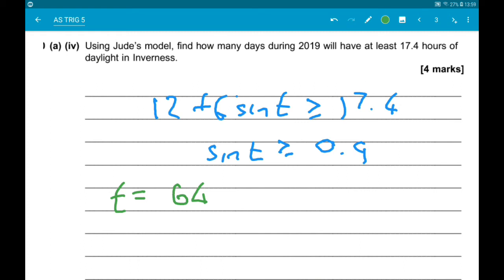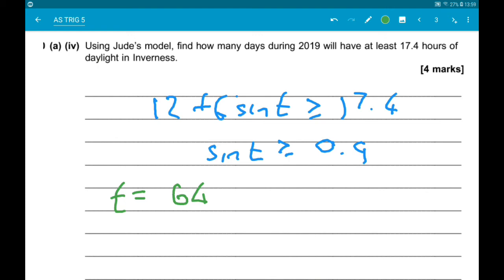Now, because we're dealing with sine, the number of hours of daylight is going to increase up to the maximum, which we know is 18, and then it's going to decrease again. So now we need to find the first day, or the last day, that fits the inequality.